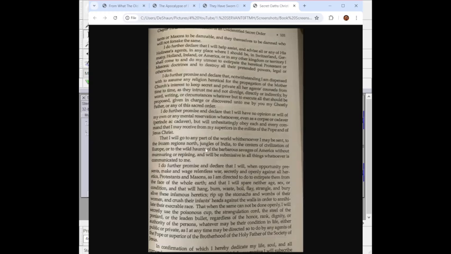Or the wild hunts of the barbarous savages of America, without murmuring or repining, and will be submissive in all things whatsoever is communicated to me.